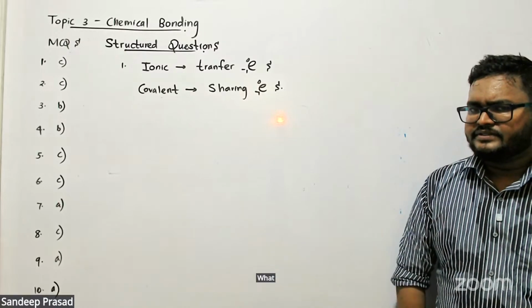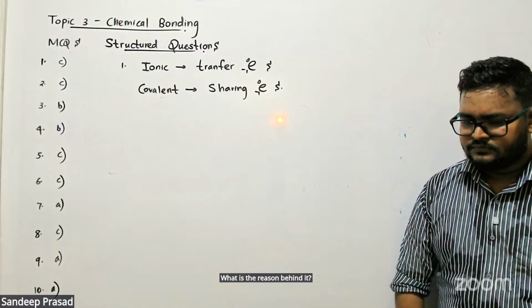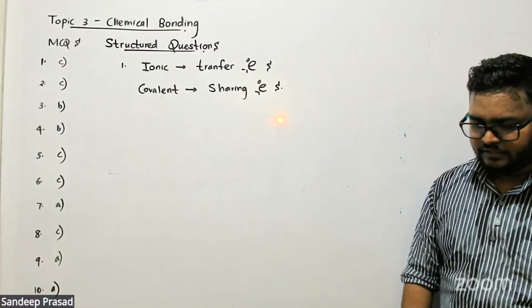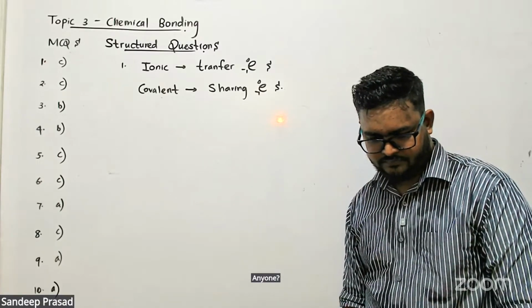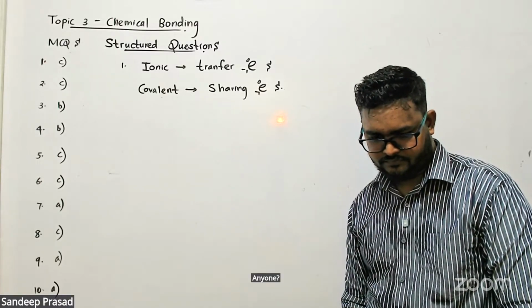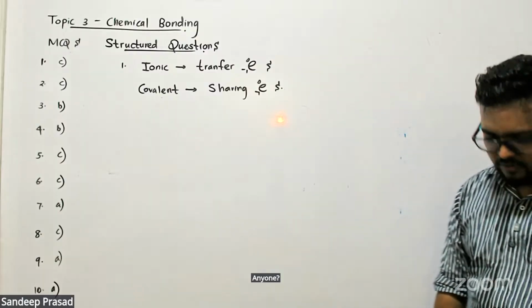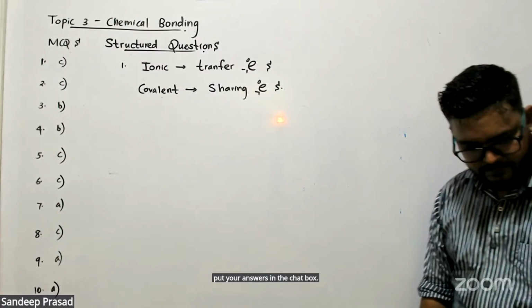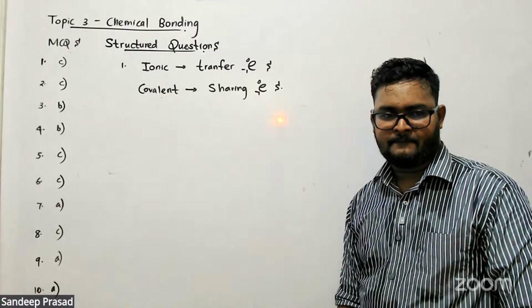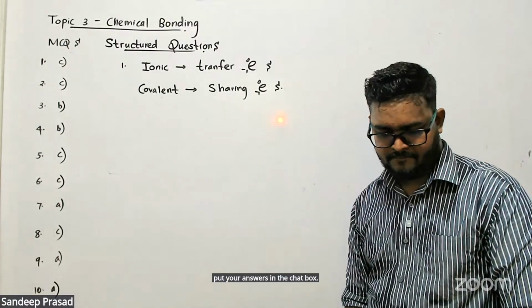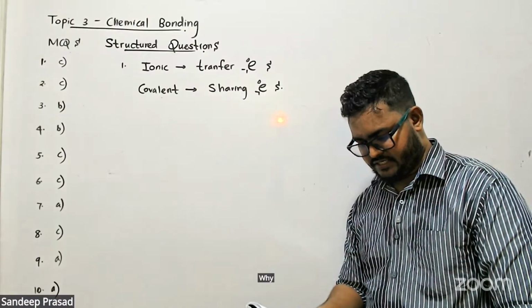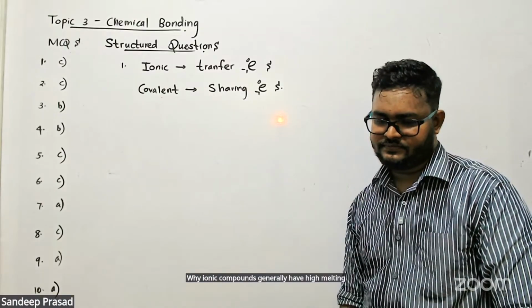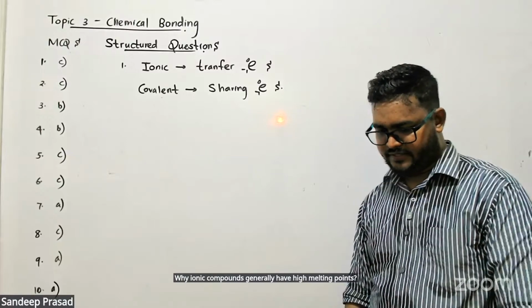What is the reason behind it? Anyone? Put your answers in the chat box. Why do ionic compounds generally have high melting points? The reason?